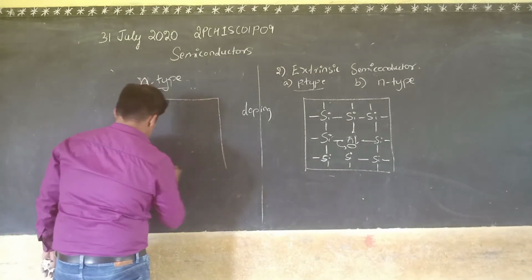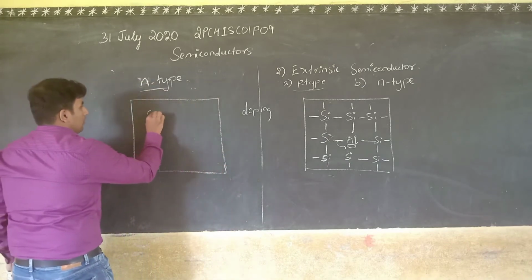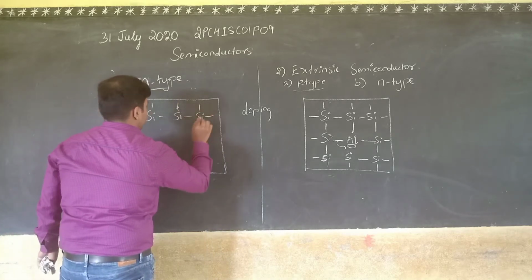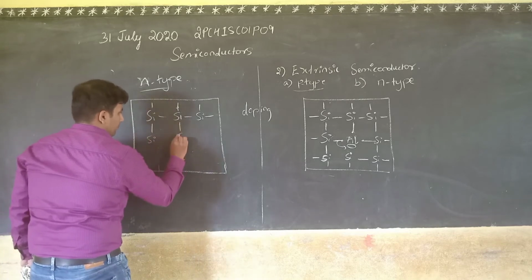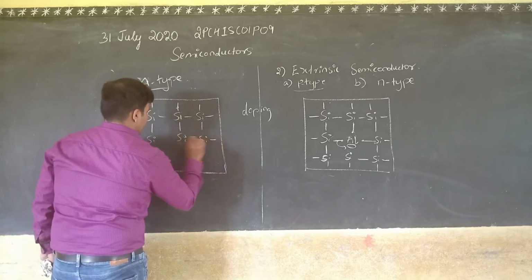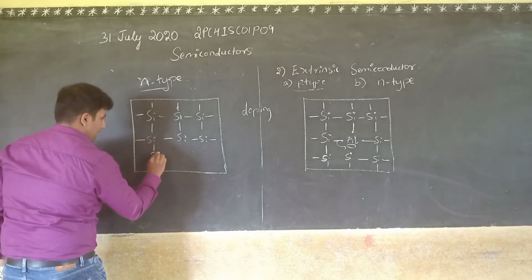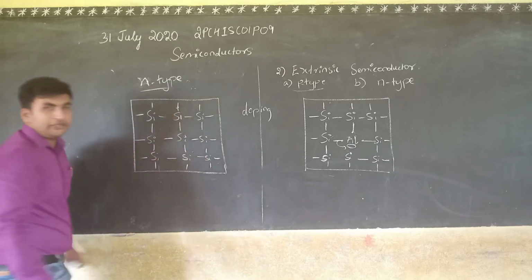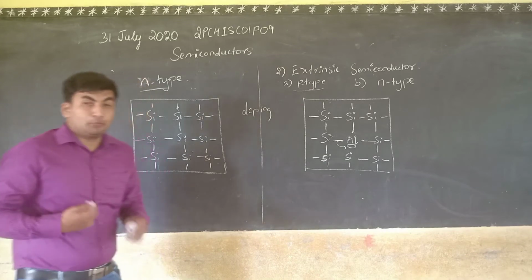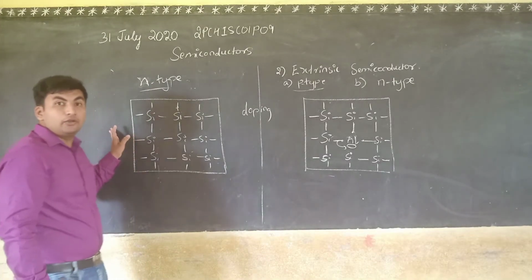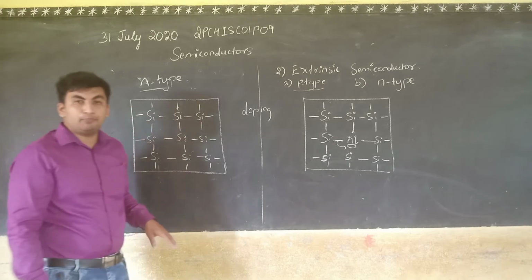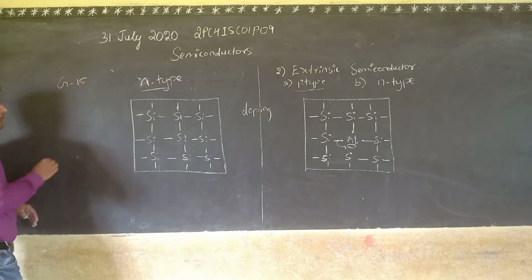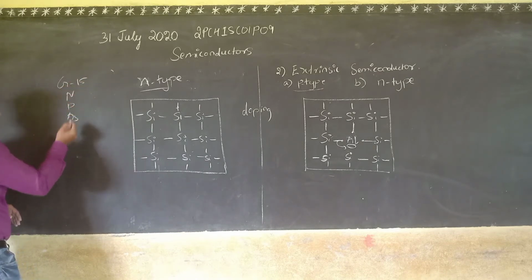If I consider a silicon crystal, and suppose a pentavalent group of atoms is introduced into the pure intrinsic semiconductor, pentavalent means group 15: nitrogen, phosphorus, arsenic.